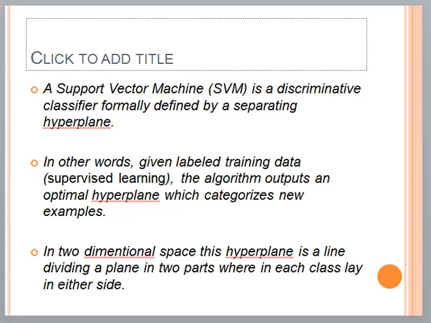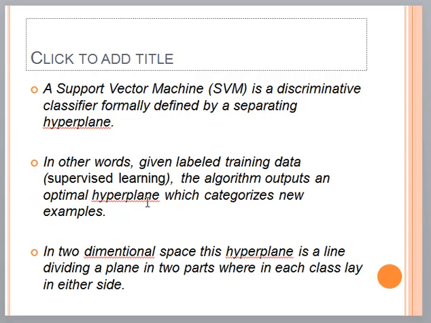In other words, given labeled training data, because we are dealing under the supervised learning domain, so we have some training data and we also have the labels of the training data, the algorithm outputs an optimal hyperplane which categorizes new examples. So what our algorithm is doing is trying to find an optimal hyperplane.